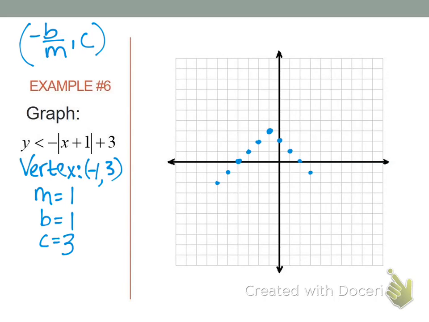Are the lines going to be solid or dashed? Dashed, because it's not equal. So I'm going to put mine in as solid lines, and then I'm going to go back and turn them into dashed lines. Remember, we go all the way through our graph. Let me turn these. Ooh, that's too much.